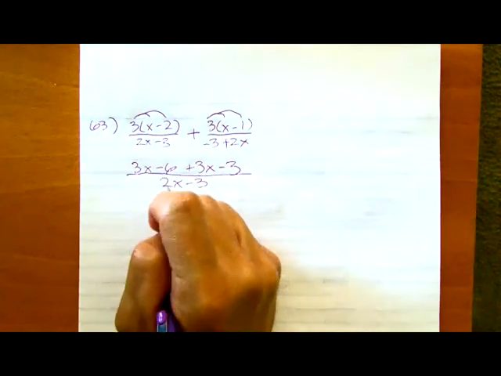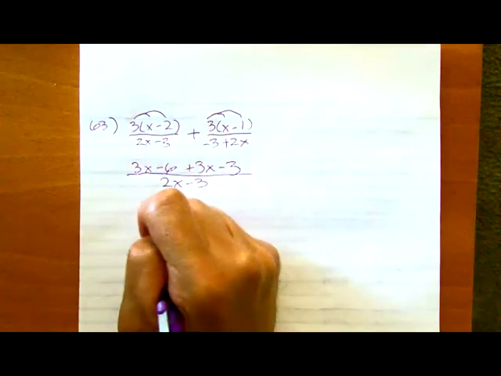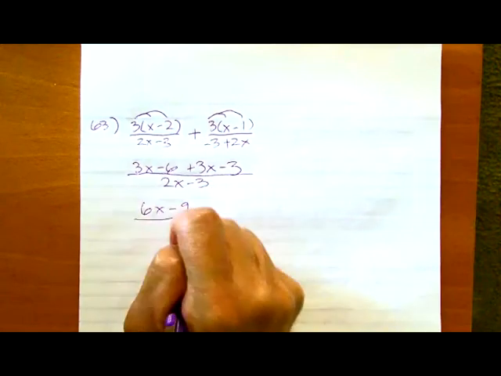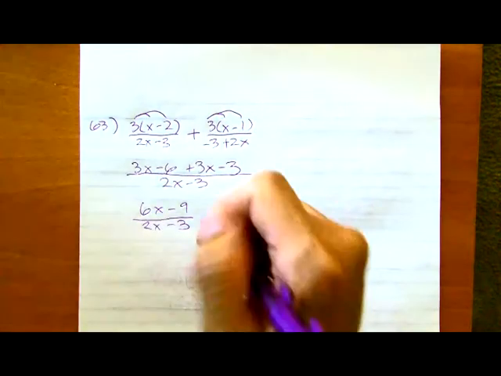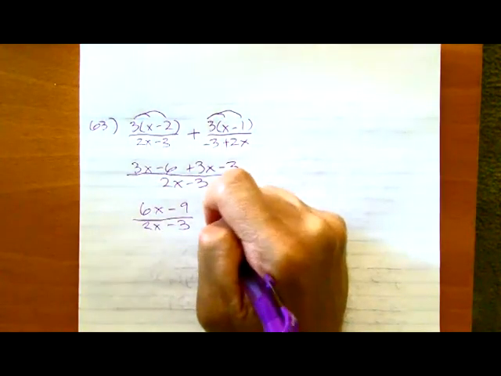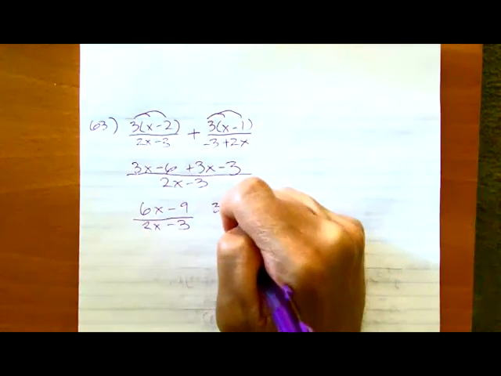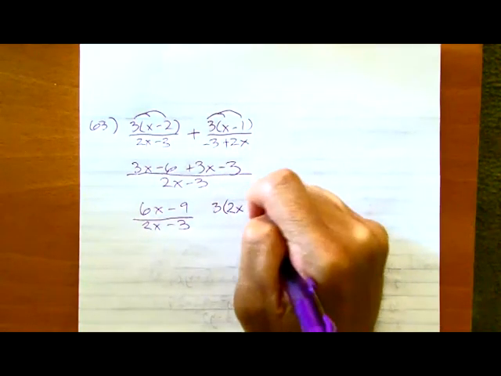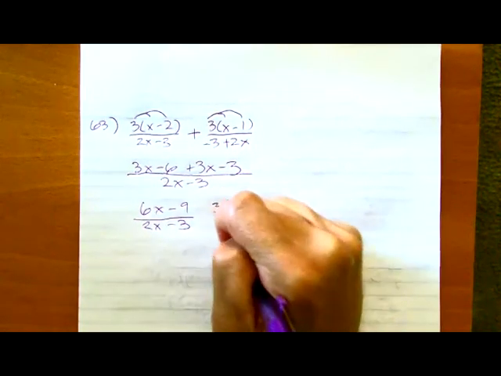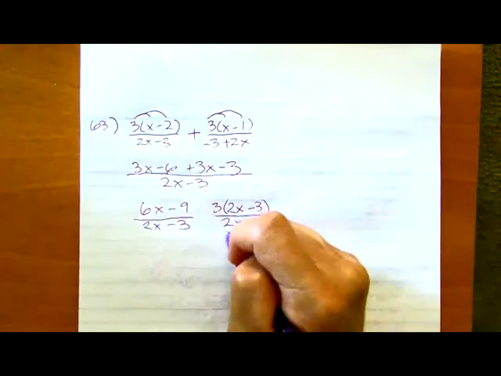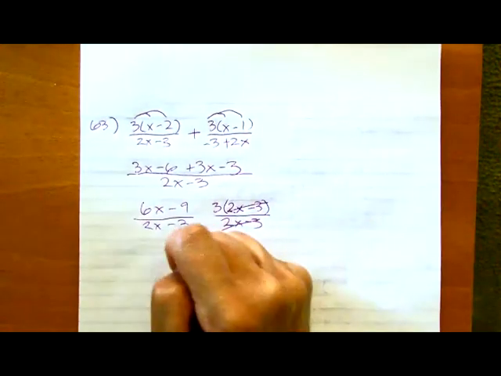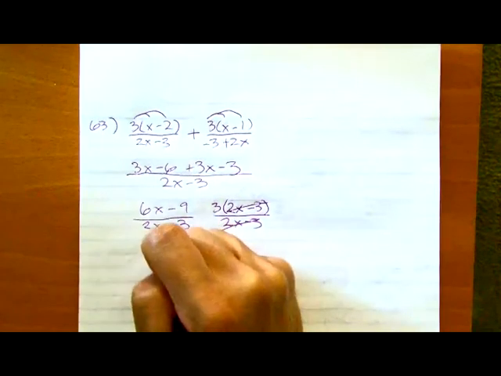If I combine the terms, 6x minus 9. We can factor the top. They have a 3 in common. 2x minus 3. Oh, we can cancel. This simplifies to 3.